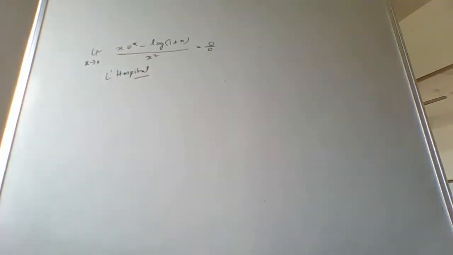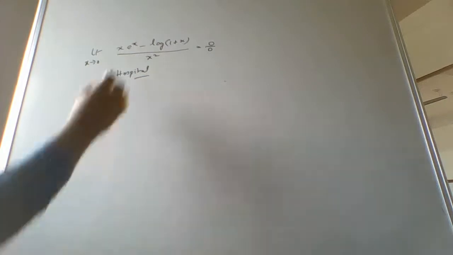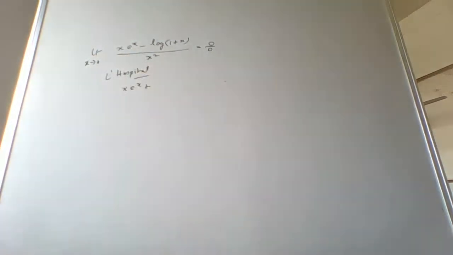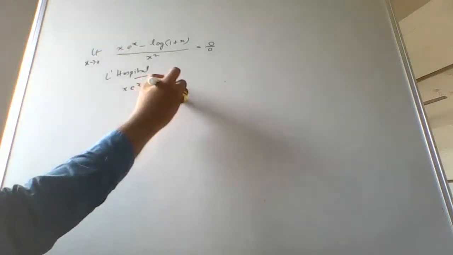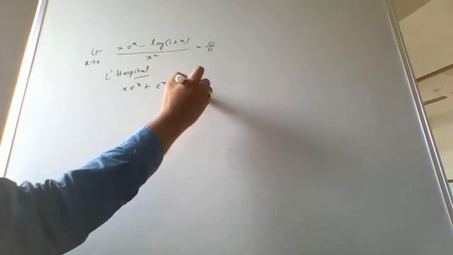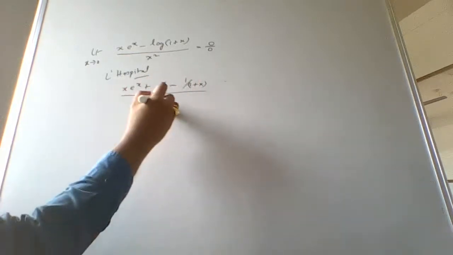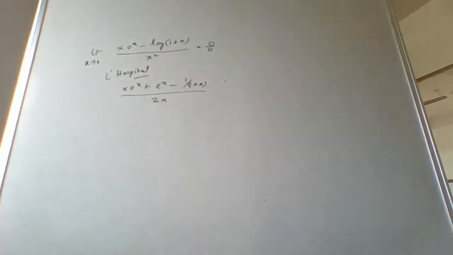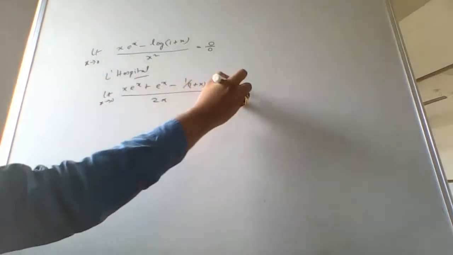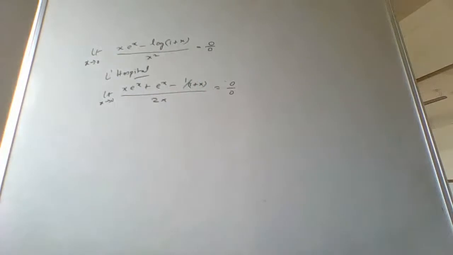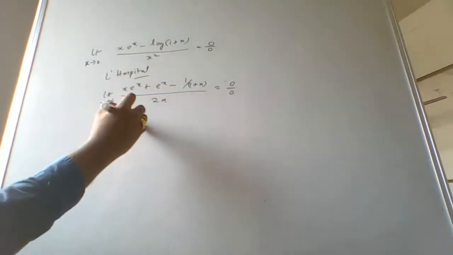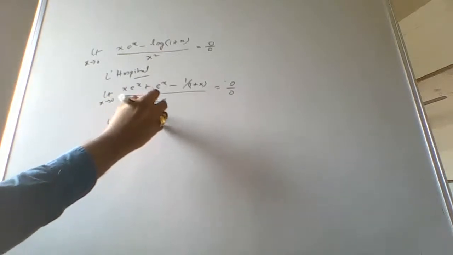For this, I'll have x into e to the power of x and e to the power of x, and this will be minus 1 by 1 plus x, divided by 2x. So again when I substitute, this becomes 0 by 0. Again applying L'Hopital rule here.